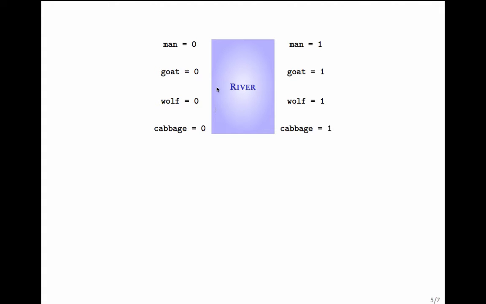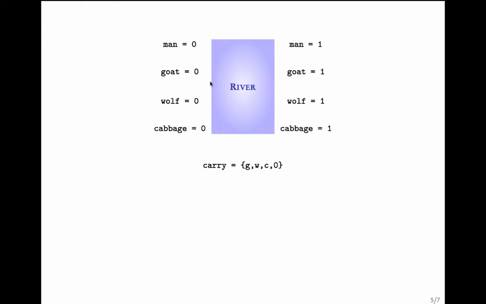What about the passenger in the boat? We will declare a variable called carry which can take values G, which stands for goat, W, which stands for the wolf, C, which stands for the cabbage, and 0, which says that no passenger is being carried.